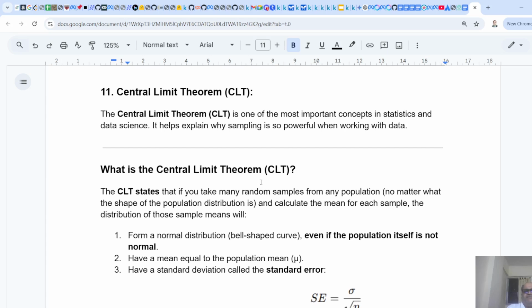CLT is very central to data science, one of the core concepts in statistics. As you go along, you figure out that many a time you sample and work on some small subsample of that for making a variety of inferences that you are doing.